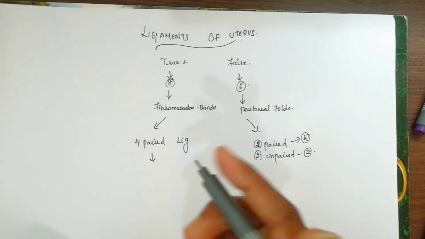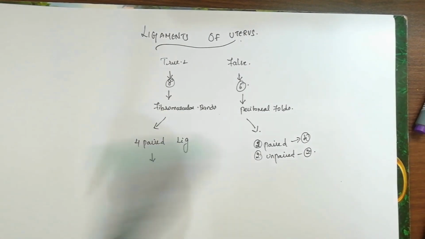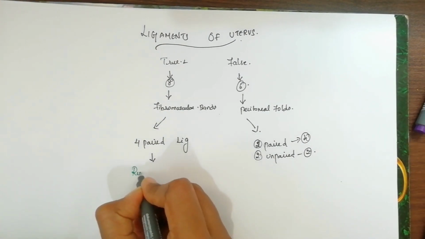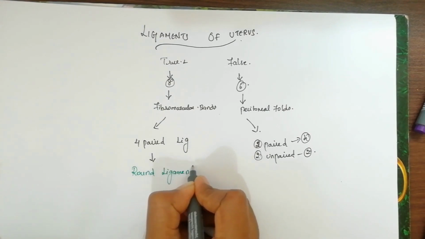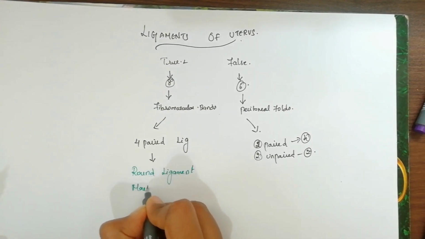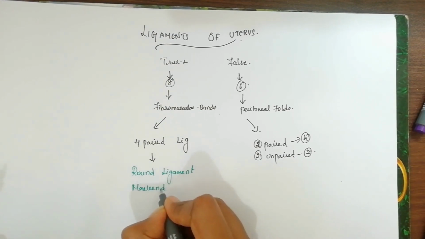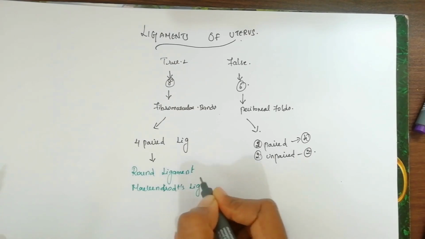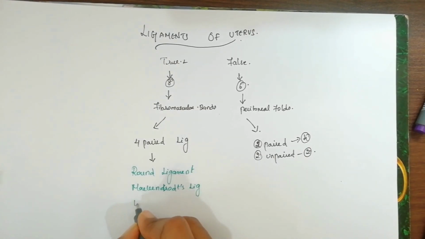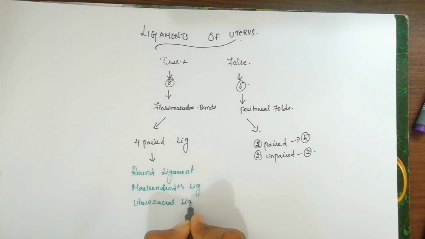Talking about the paired ligaments, we have first the round ligament, then the Mackenrodt's ligament, then the uterosacral ligament, and then the pubocervical ligament.